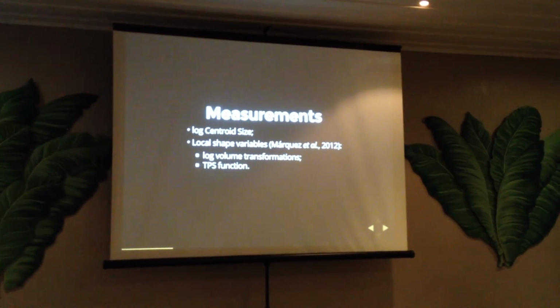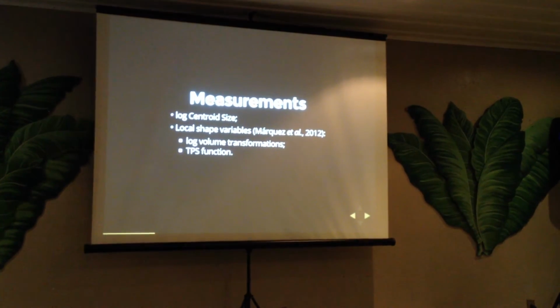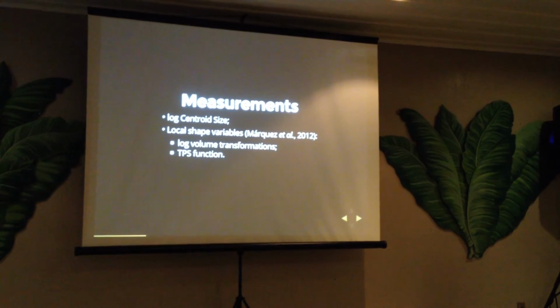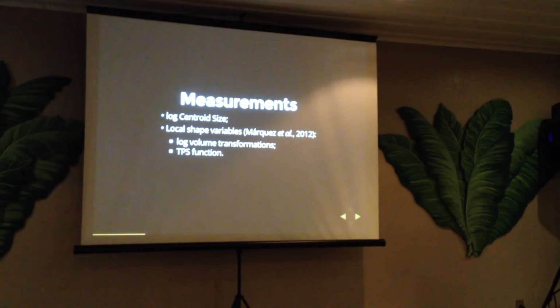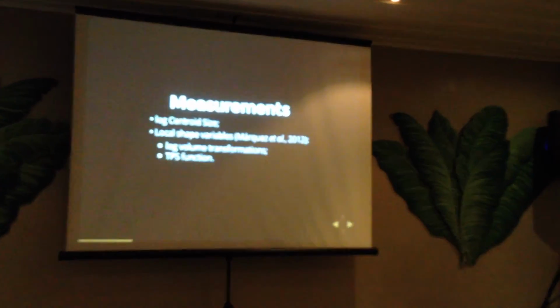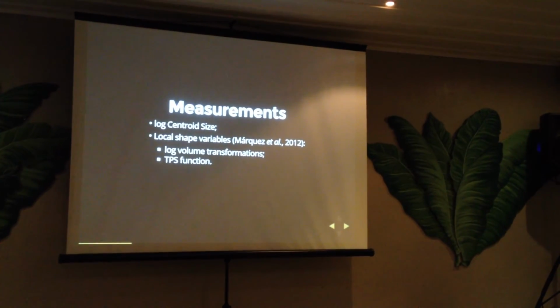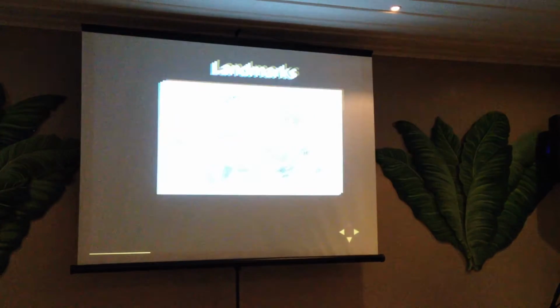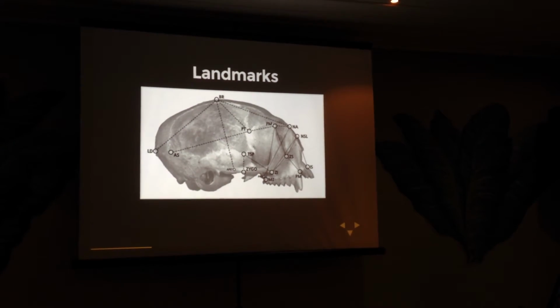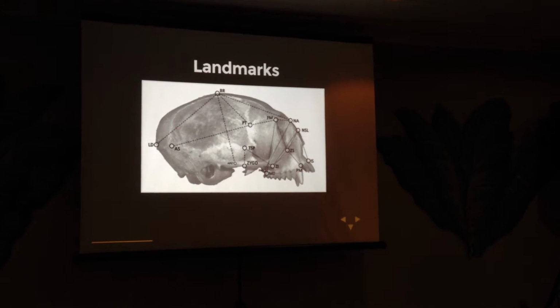They are log volume transformations calculated for each individual in the sample from a reference shape using the TPS function. And we calculate these local shape variables in the midline of each one of these distances, right?